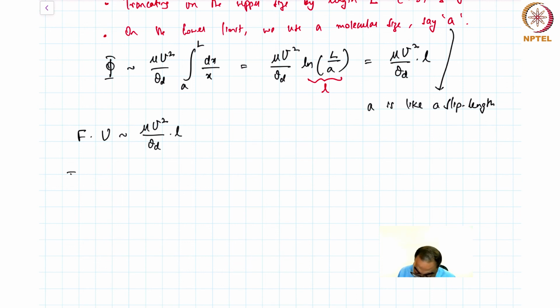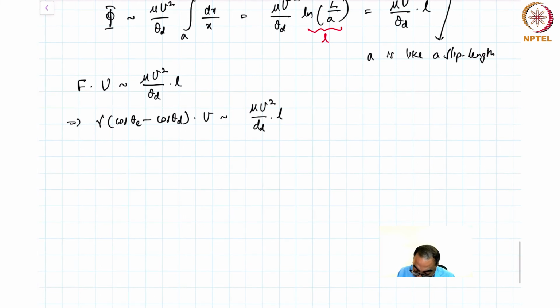And if we use the expression for F, which is nothing but gamma times cosine of theta e minus cosine of theta d, times U, will be mu U square by theta d times L. Now we can make some more simplification with this.